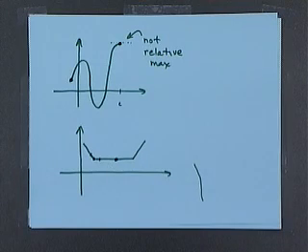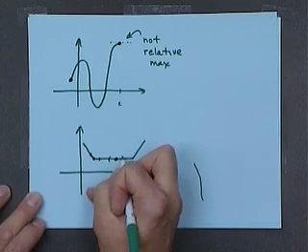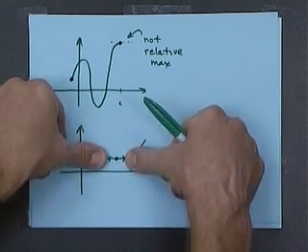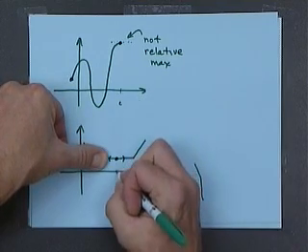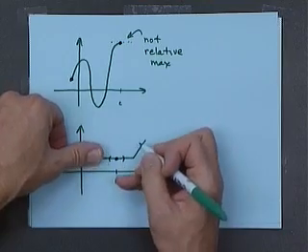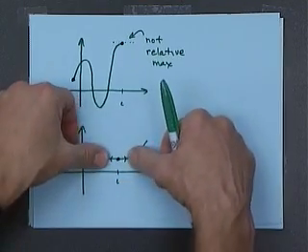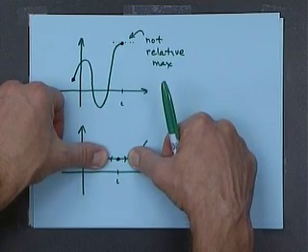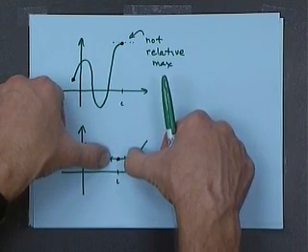Now, if we're going to decide if this is a relative max or min, we need to be able to go a little bit left of here and a little bit right of here. So we're only concerned with this part of the graph, right there. Is that y value, the f of c in this case, in this region right here, the highest y value of all these points under consideration?